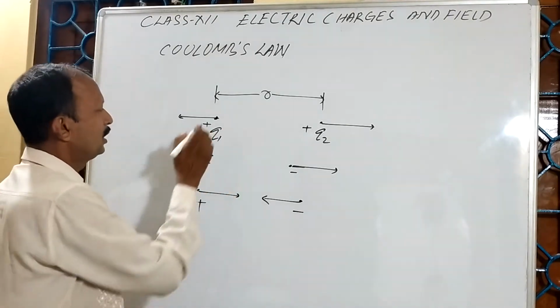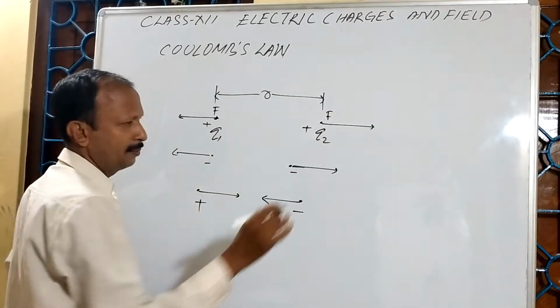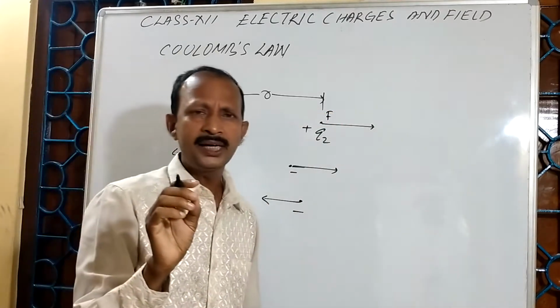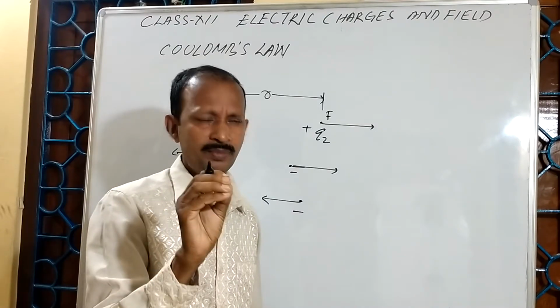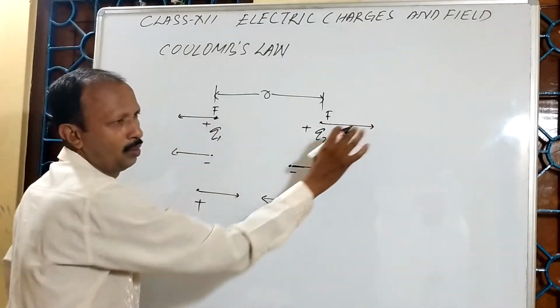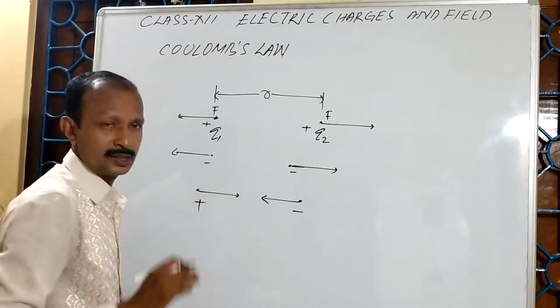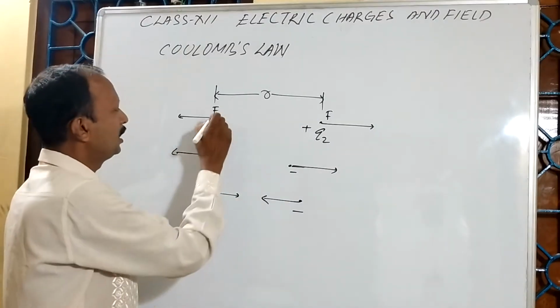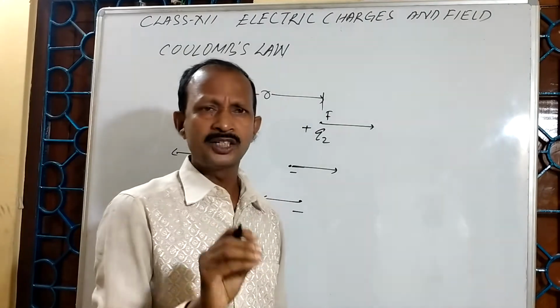Suppose here is the force F, and here is also force F. I am talking about the magnitude of the force. In fact, the direction we know is like this, here also like this, and here like this. But the two charges are not necessarily of the same strength.